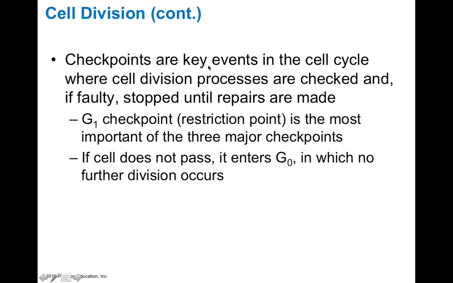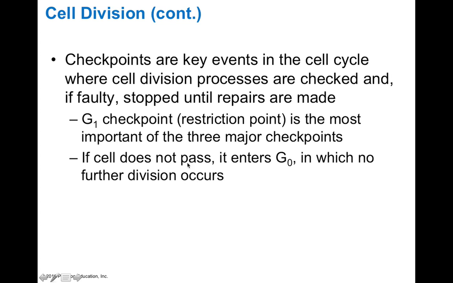We need checkpoints for these key events, and these checkpoints are basically things that allow cell division and the cell cycle to occur appropriately. This G1 checkpoint we call the restriction point. It's the most important because it is basically what prevents the cell from continuing to divide unchecked.